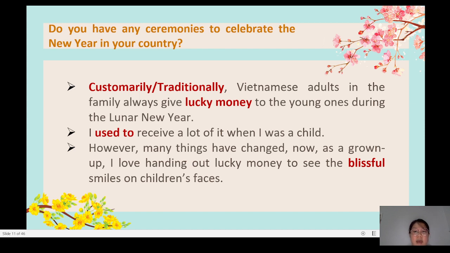I love handing out lucky money to see the blissful smiles on children's faces. Please read my sample, and if you find something interesting or useful, you should collect it for your ideas.